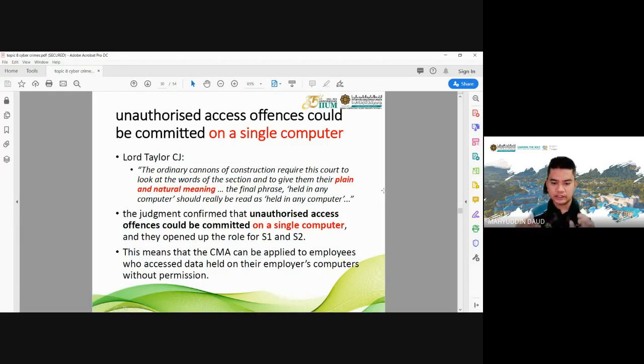So the interpretation of Sections 1 and 2 was expanded, not restricted. This means the Computer Misuse Act can be applied to employees who access data held on their employers' computers without permission.